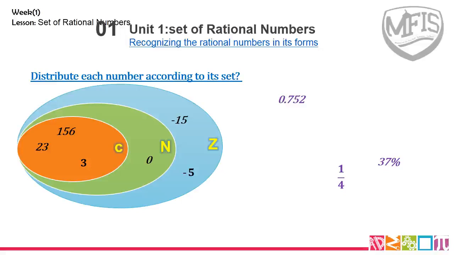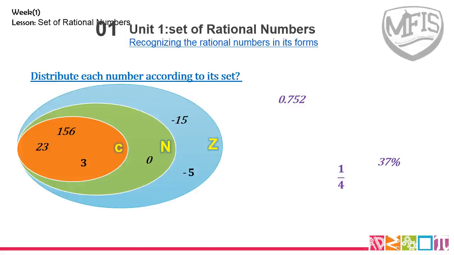So the 3 here will go to C, the counting numbers, or the natural numbers, or also the integer numbers, because the counting numbers are a subset of the natural numbers, and both are subsets of the integer numbers. So the 3 here will go to the counting numbers.